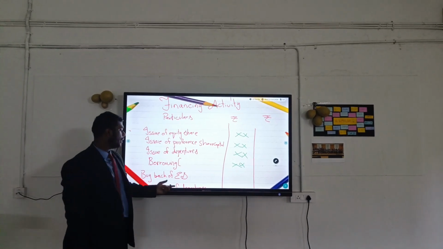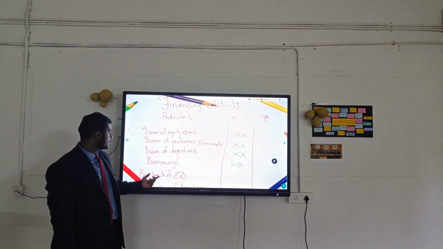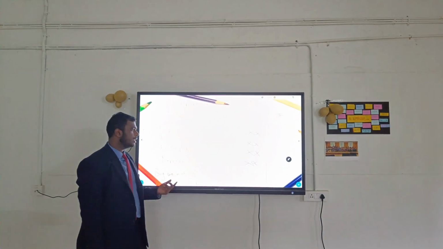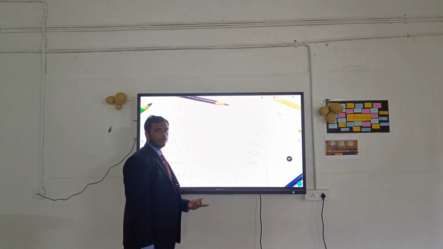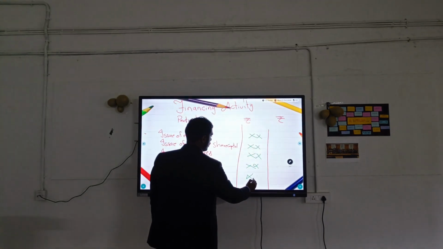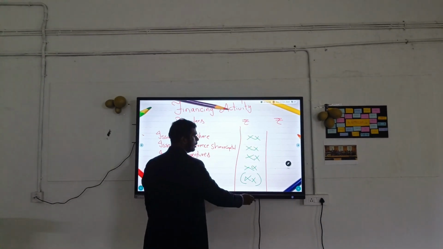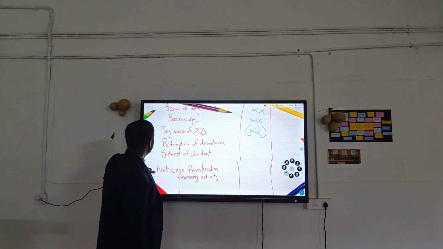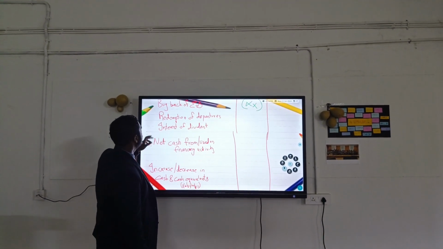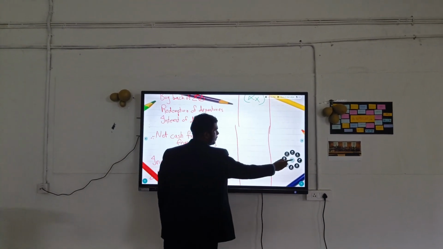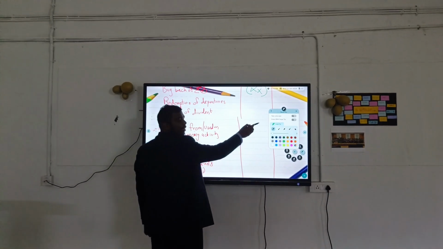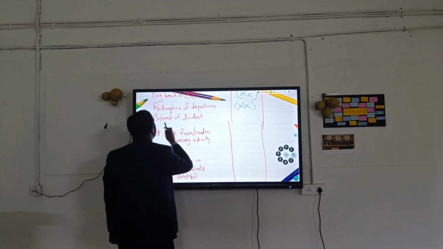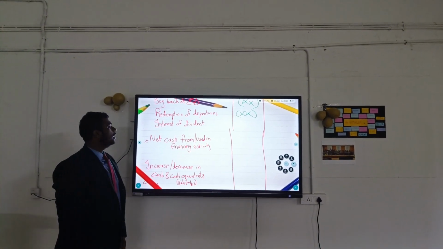Next is buyback of equity shares. By buying back the shares, it's an outflow, and it should be denoted in brackets. Next is redemption of debentures. It's an outflow and should be denoted in brackets. And next is interest and dividend.